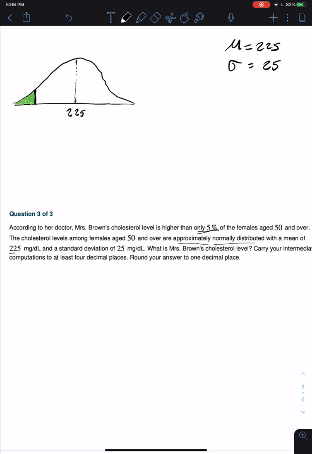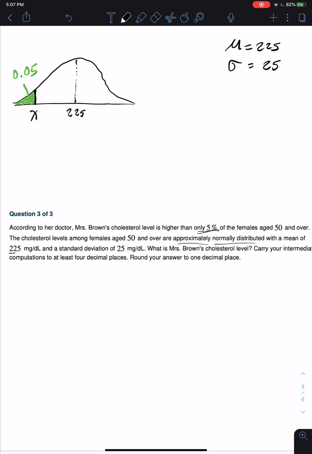Now, when they say 5%, we can't write that down with our scale down here because this is cholesterol levels, right? 5% is referring to the area. So that's 0.05. When they say 5%, they're talking about probability or proportion, area under the curve. Now, we would have this problem taken care of if I could figure out what this x value is right here. If I could figure that out, I got the answer.